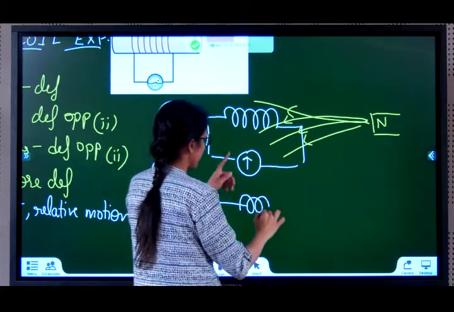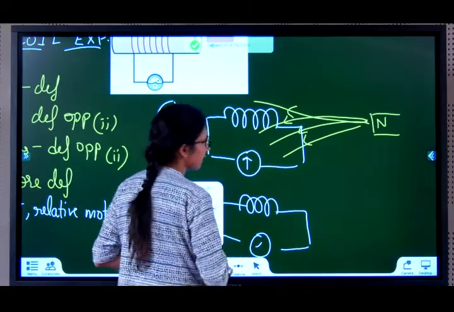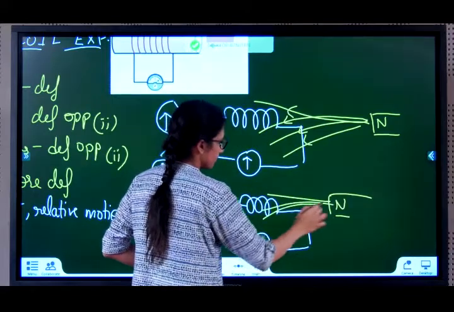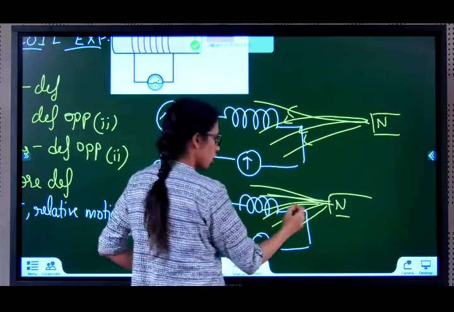Now there is no deflection. As I bring the magnet closer, obviously this has more field lines because it is closer.